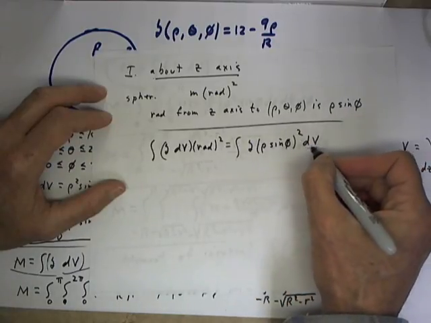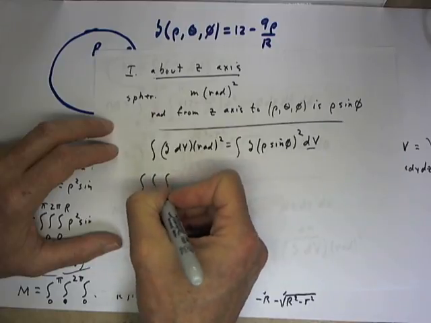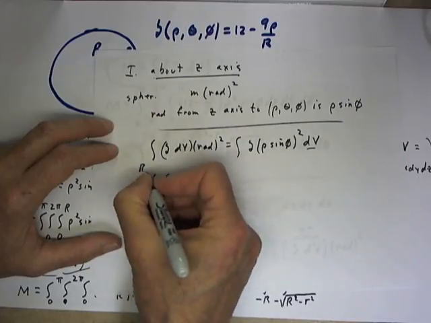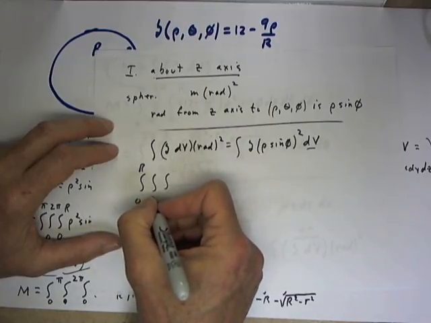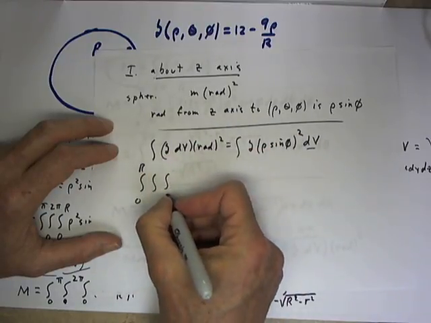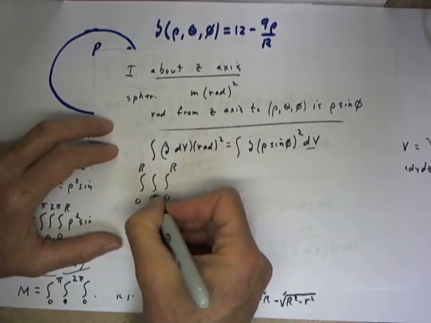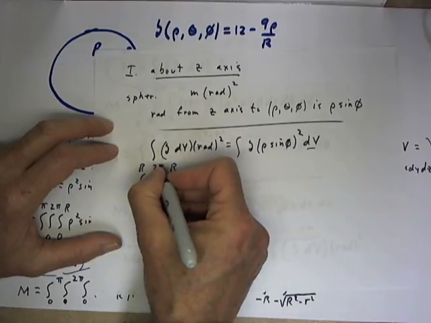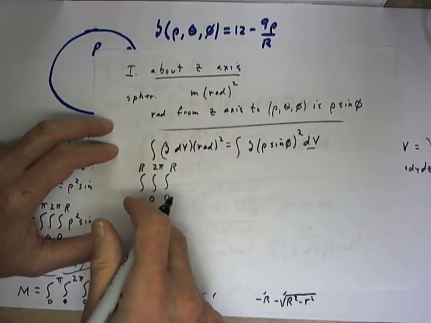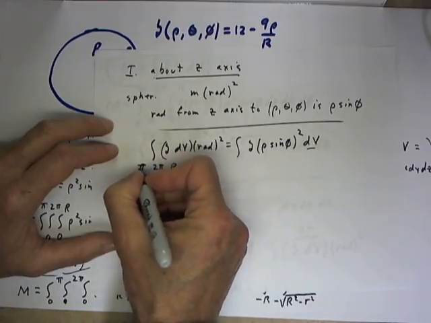giving us integral from 0 to r, and we want to do that integral first, and then from 0 to 2 pi, and finally from 0 to pi, not r.